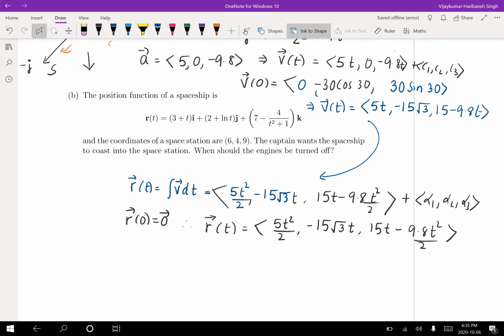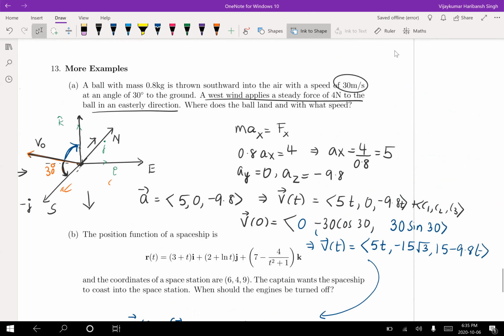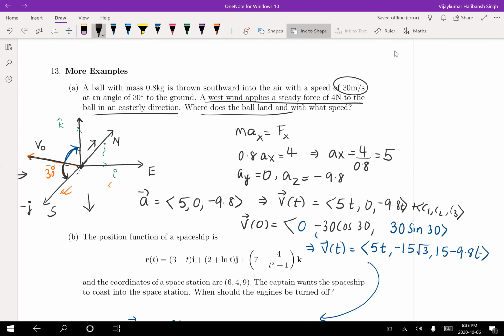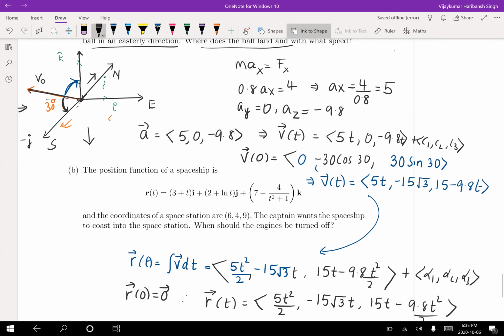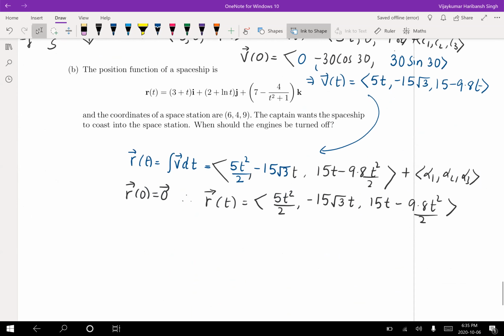Now, when does the ball land? The ball will land when you are in the xy plane. That means when the k component becomes 0.